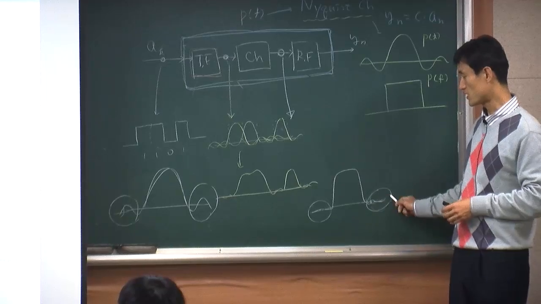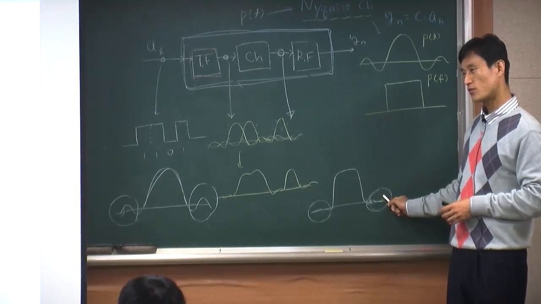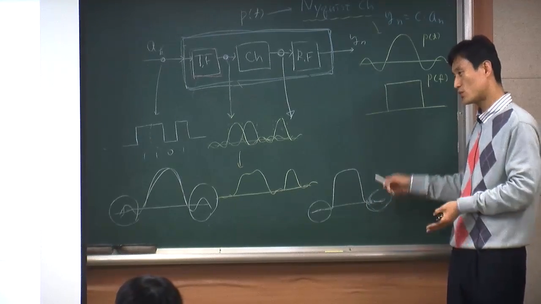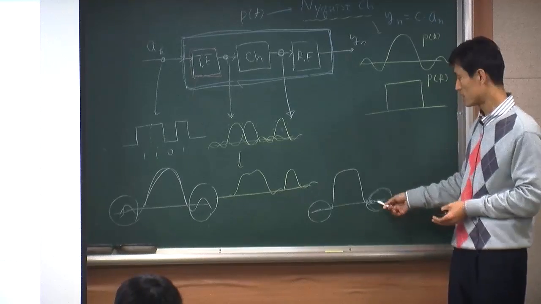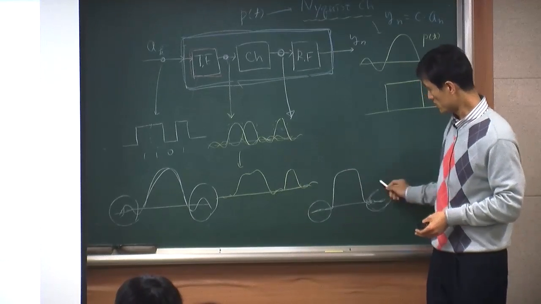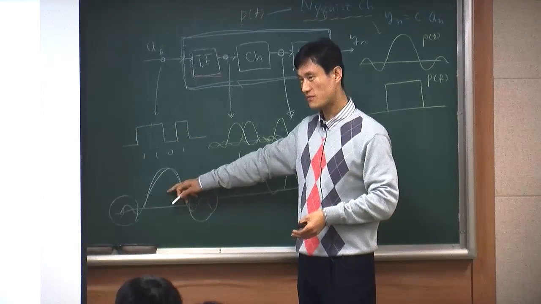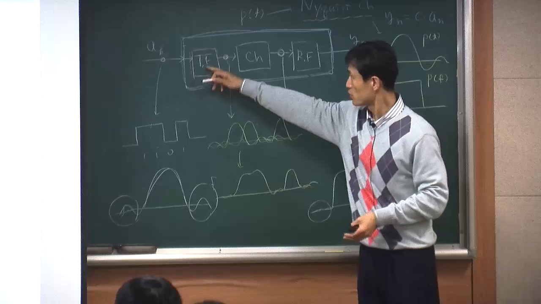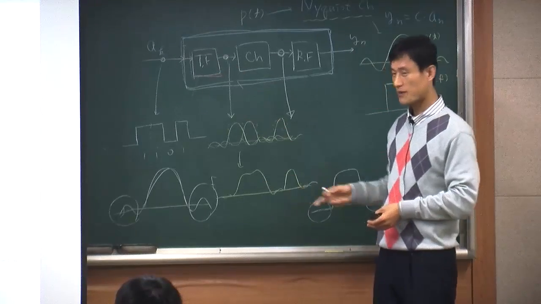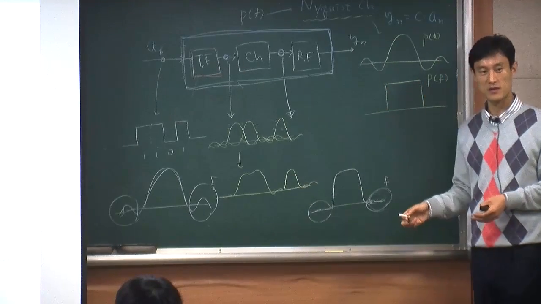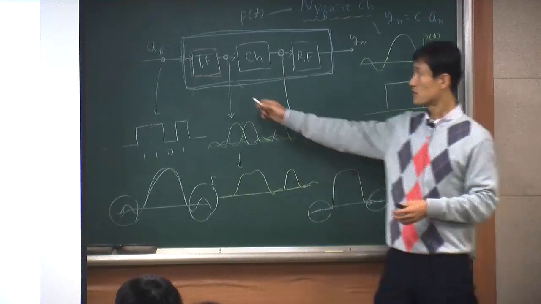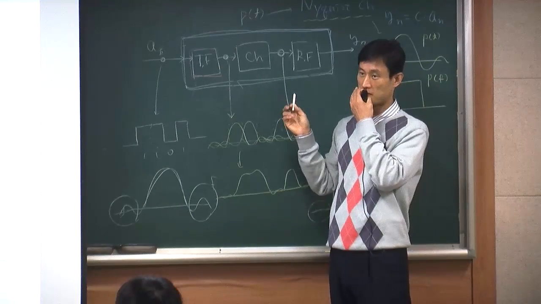So we need to reduce that. We cannot make it zero, but we need to reduce it as much as we can. This is time domain, this is frequency domain. After you apply a shaping filter, this is the time domain response, this is the frequency domain. And this is why we use a shaping filter.